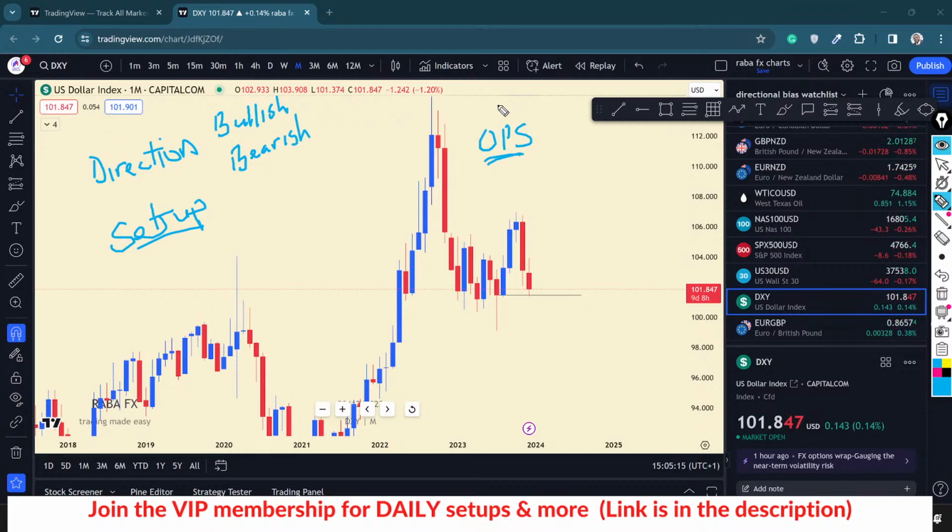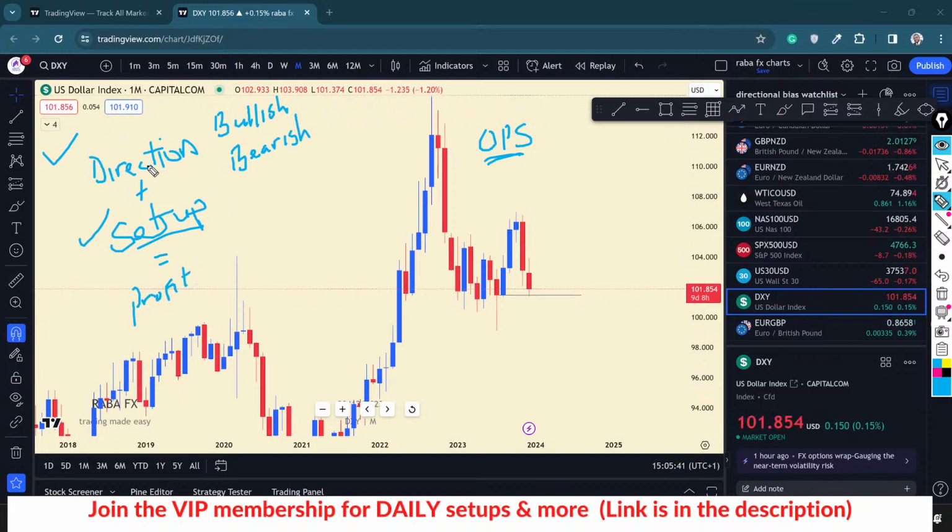This is my core strategy that I use day in, day out. So my analysis will be based on the opening price, and I use that to gauge direction, and I also use that to gauge my setup. So when you combine these two together, it should give you what? Profit.